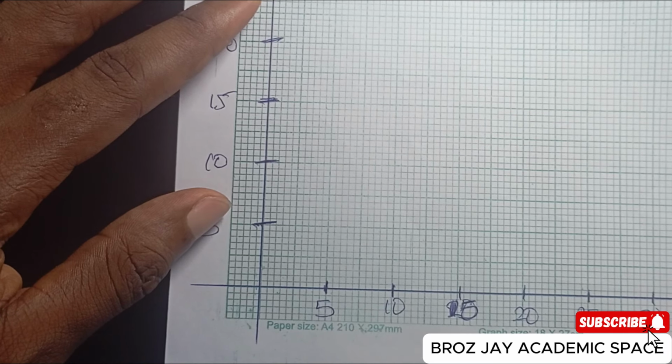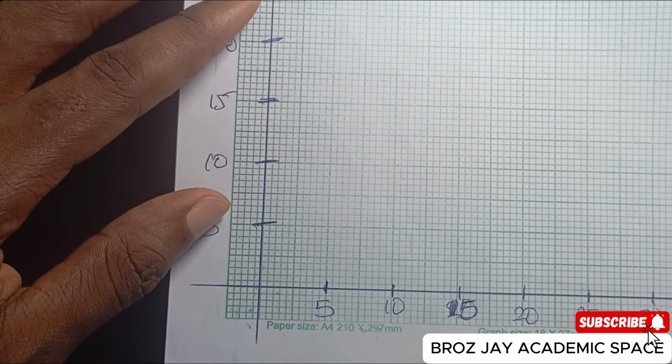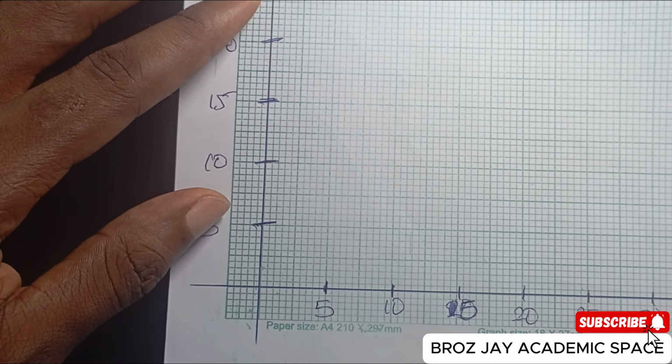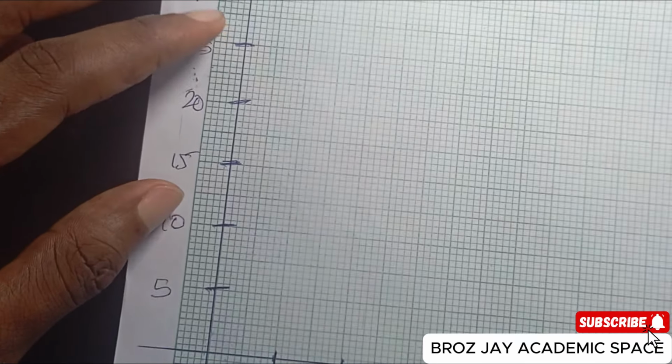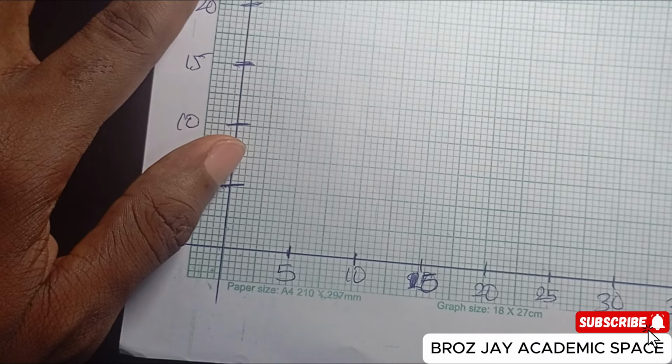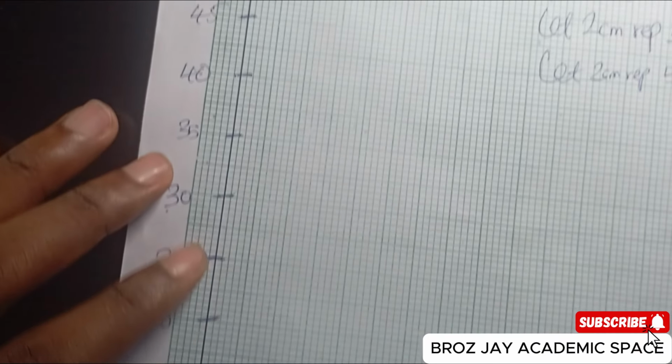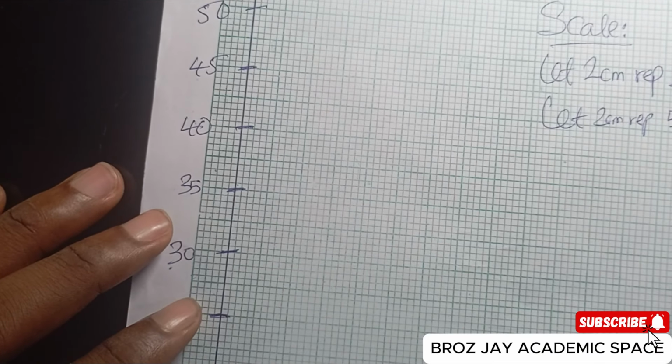Looking at our table, the highest figure there is 25.7. So let's stop there. You can continue till you reach the end, but let's stop there. Now let's start with the graph plotting.